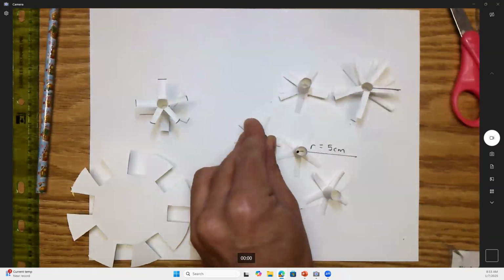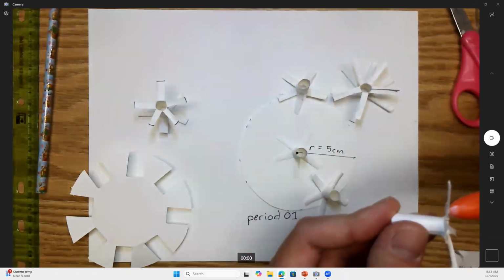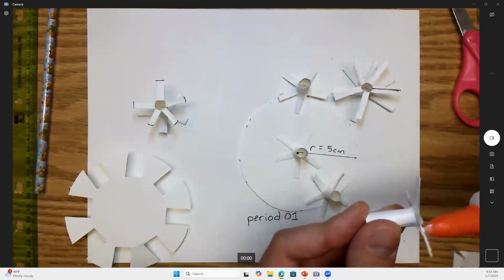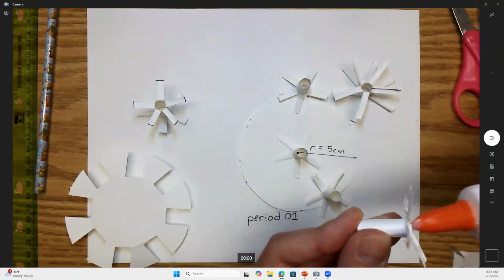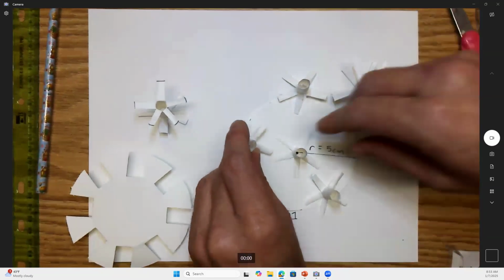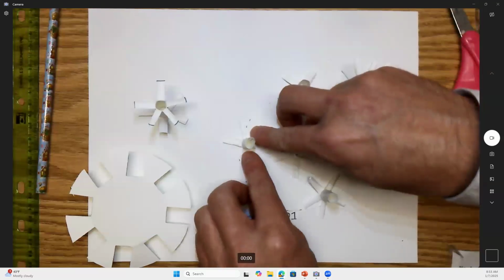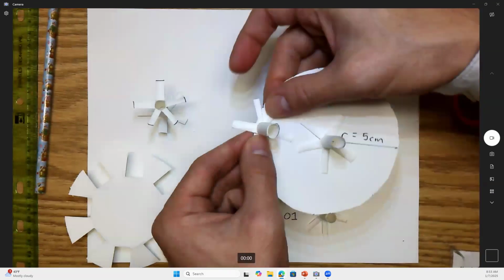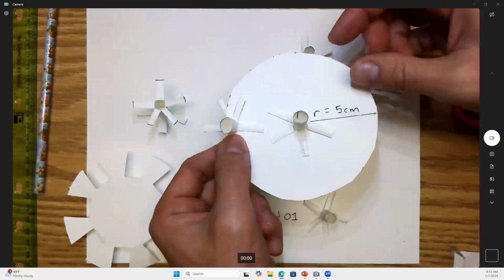Now, to make this work, you only need 1 peg. If you only glue down 1, that's fine, as long as it works. The disadvantage of only having 1 peg, though, is the practical consideration that it's off balance, like it's not weighted.